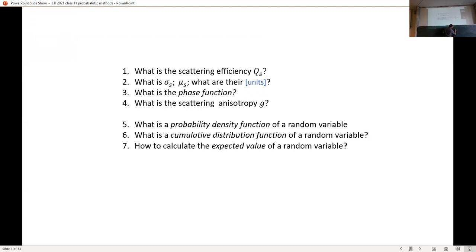Let's write it like this: sigma, the sum of scattering cross sections divided by the volume that we are evaluating. So it is another way of saying that it is the density of total scattering cross section.